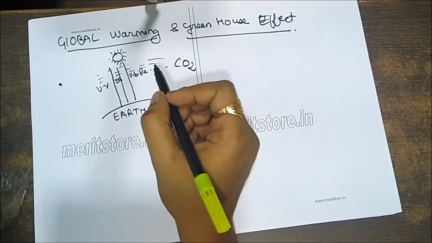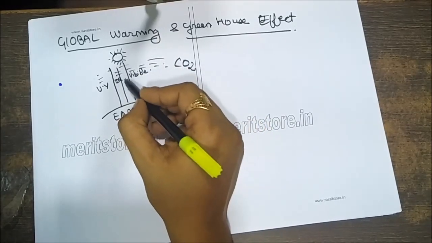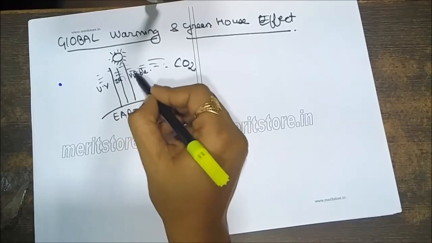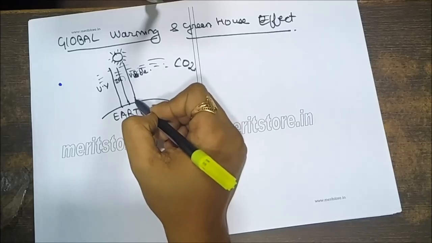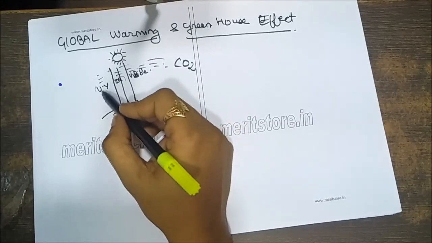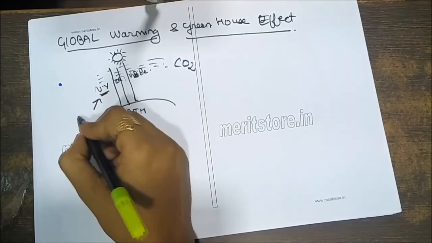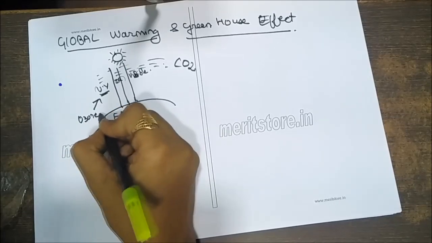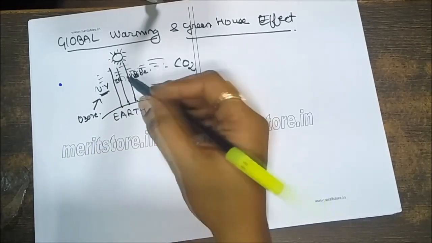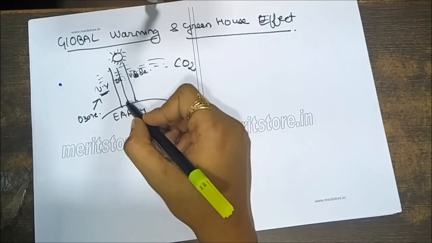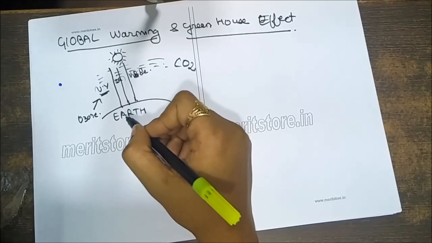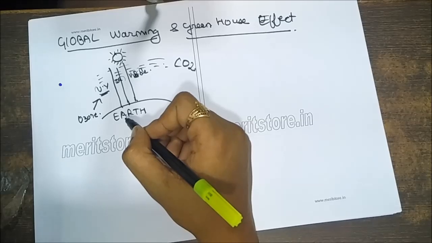So now what is happening is these infrared rays and visible rays are coming towards the earth, and they are falling on the top of the atmosphere. The harmful UV rays are absorbed by ozone, so they do not reach the earth's surface. However, visible and IR rays pass through the CO2 layer and reach the earth. The result is that the earth is heated because of the heating effect of infrared radiation.